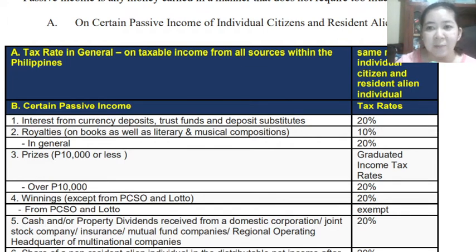The next passive income is your prizes. Please take note of the prizes. If the prize is 10,000 or less, the tax rate that we will use is the graduated income tax rate, while if your prize is more than 10,000, it will have a final tax of 20%.